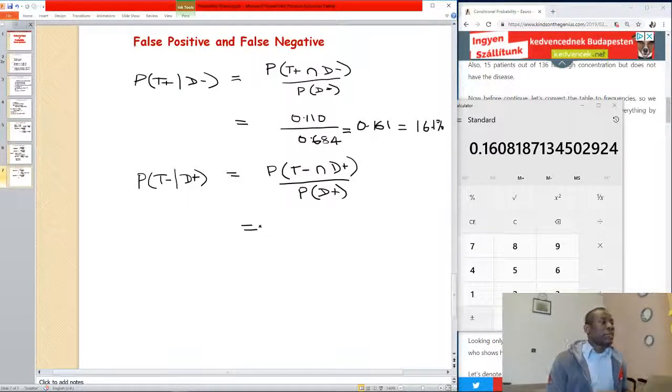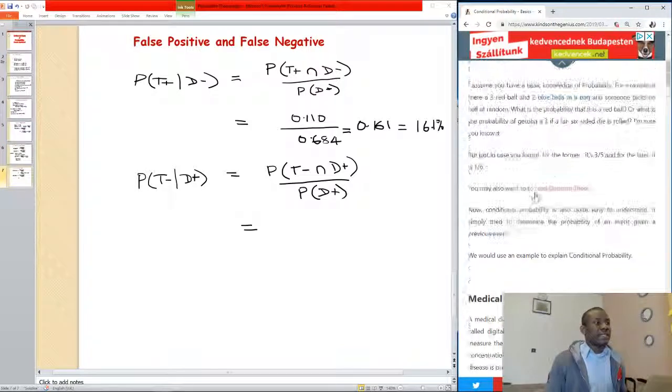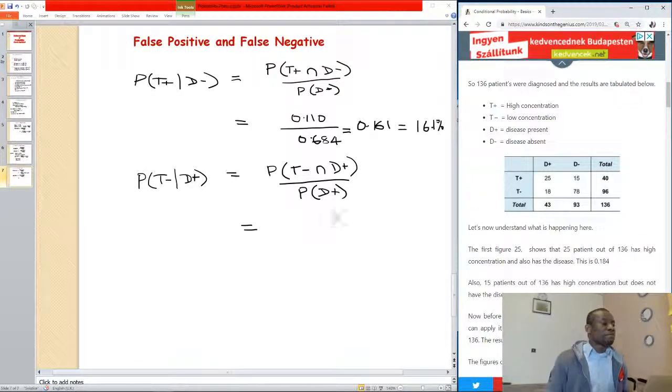So let's calculate to make sure that this actually has to be very, very minimal. Because if this happens every time the disease is there, but the doctors find a negative result and they fail to administer the treatment, the patient might actually lose his life, and that is a serious problem. So let's calculate this and make sure that it's actually very minimal.